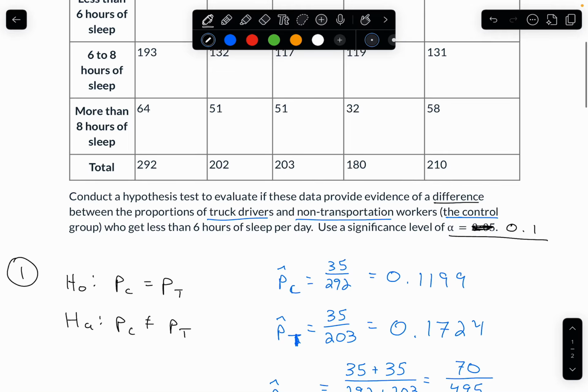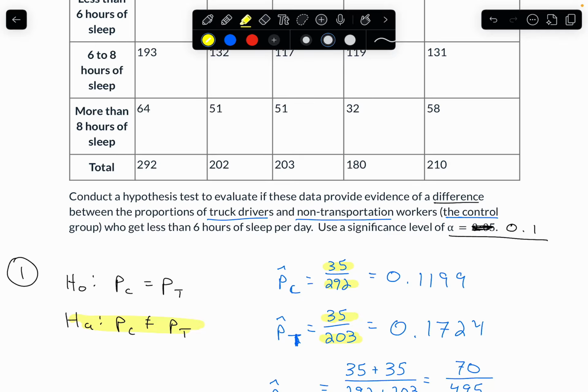We need to know, in this case, what is our alternative hypothesis? So we're doing a two-tailed test here. And then we need to know x1 and n1 and x2 and n2. If you found your p hats at the beginning of the problem, it should be all set. We're just going to be using those.